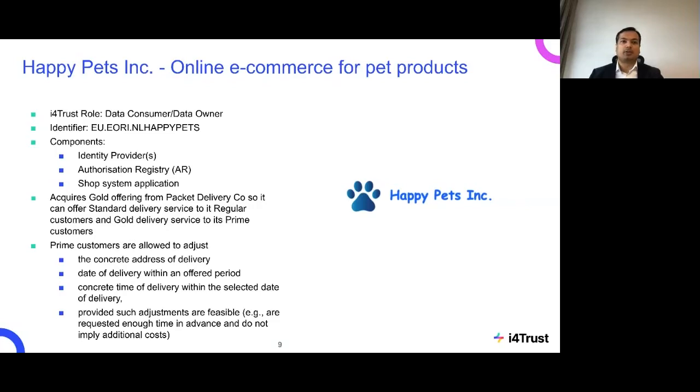The next participant is Happy Pets Inc., an e-commerce company for pet products. In this use case, it plays the role of data consumer and data owner, depending on the step where it is. And of course, then it needs the components. So it has an identity provider for its own employees, so that they can identify themselves when they are connecting to other participants.